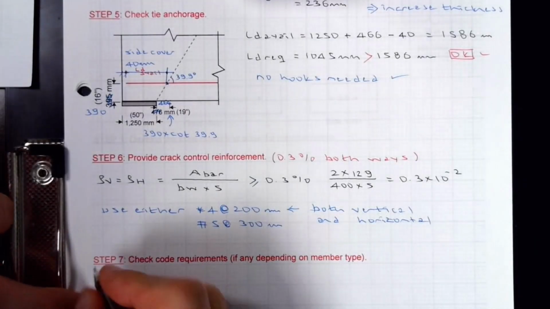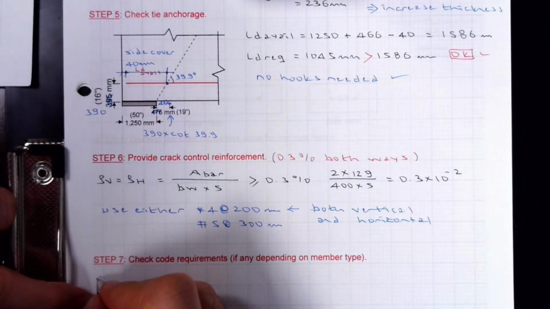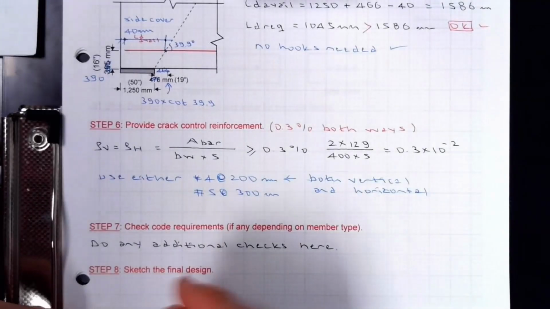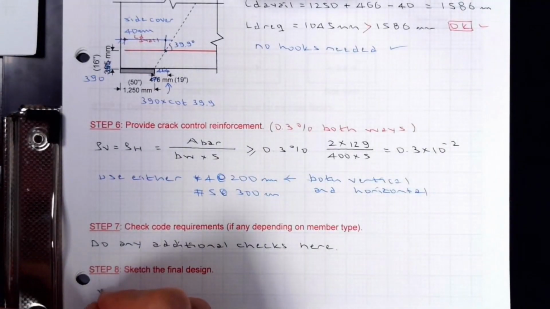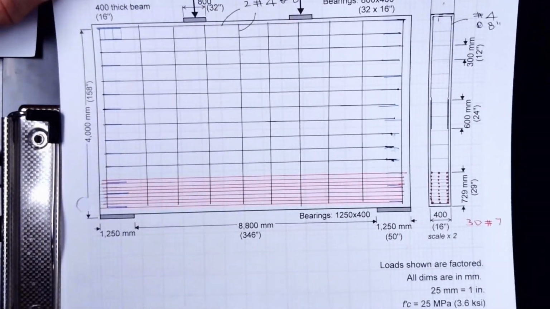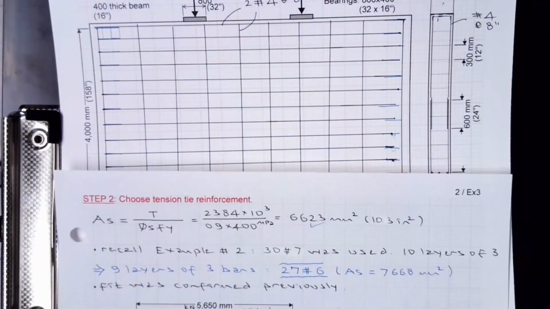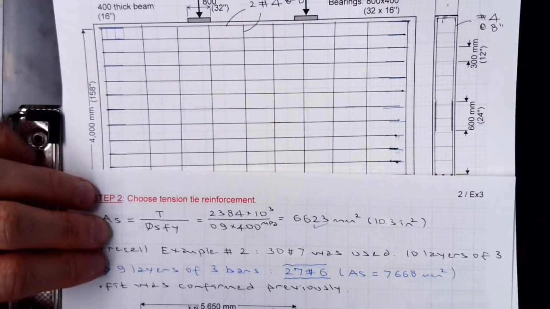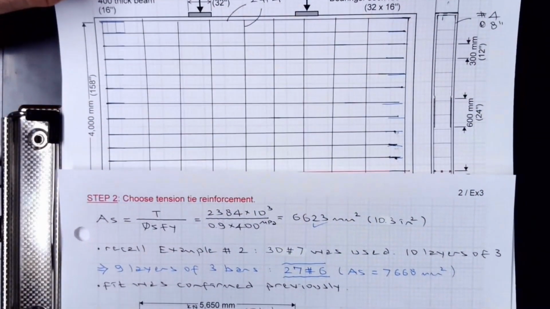Step number 7, if you have any checks, I would say do any additional checks here. Step number 8, very similar to the previous example. So we can just modify what we used. We are using number 6, so it's substantially less reinforcement needed for the uniform distributed situation.